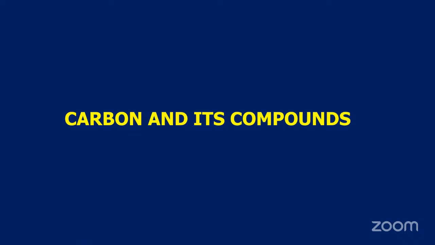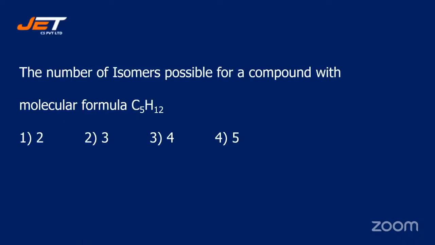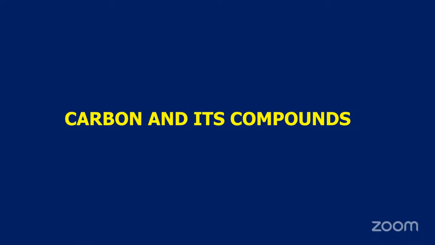If you have any confusion, please write that down in the chat box as well so that we can discuss. With this, we are starting the class with our first question.